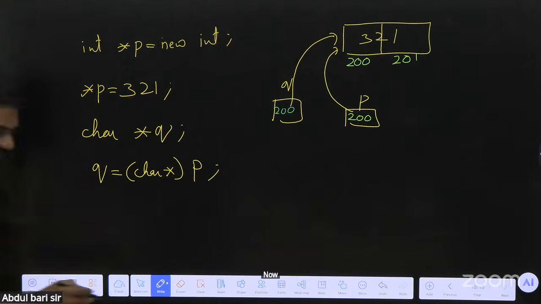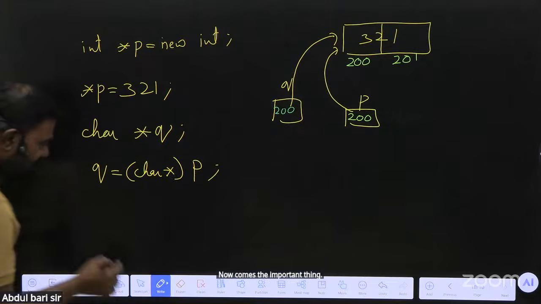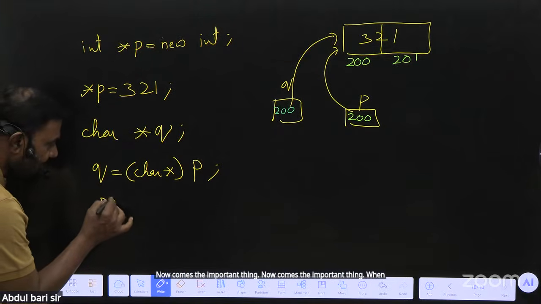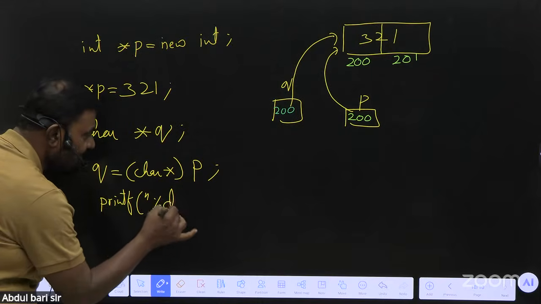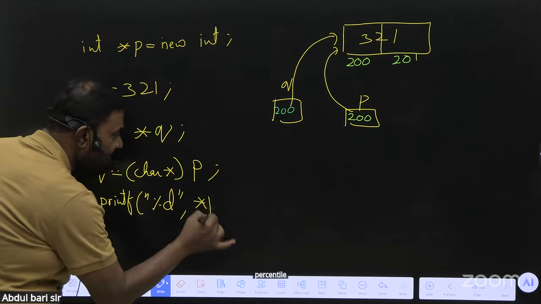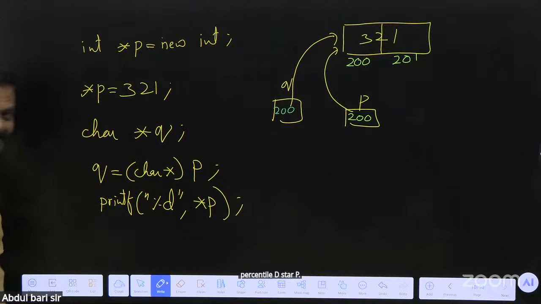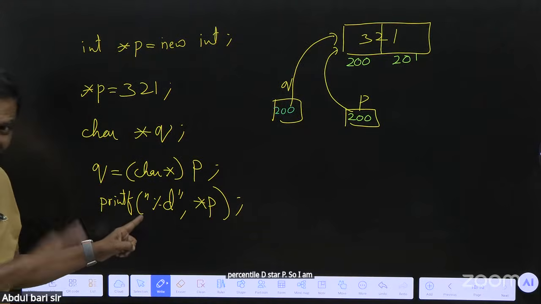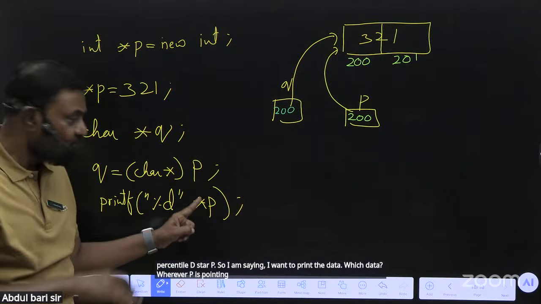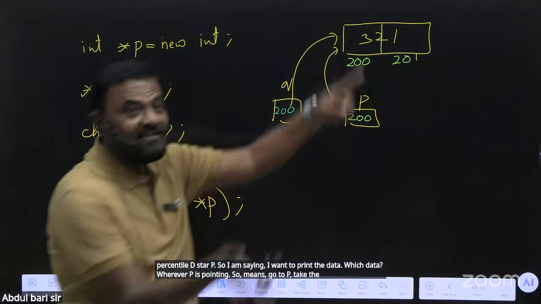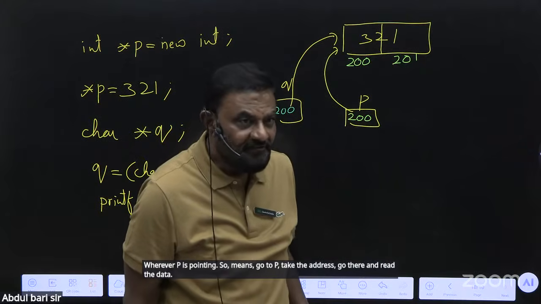Now comes the important thing. When I say printf percent d star p, I am saying I want to print the data. Which data? Wherever p is pointing. So go to p, take the address, go there and read the data. So what's the value?